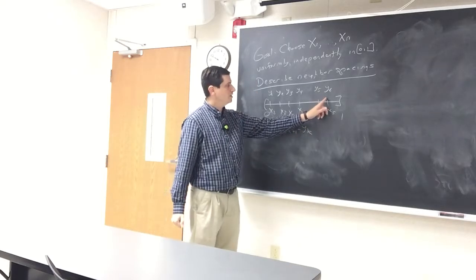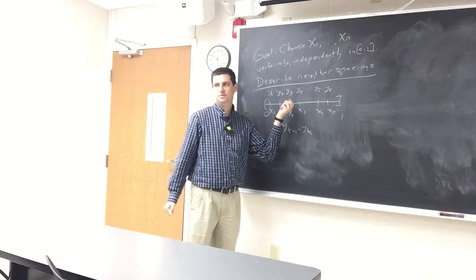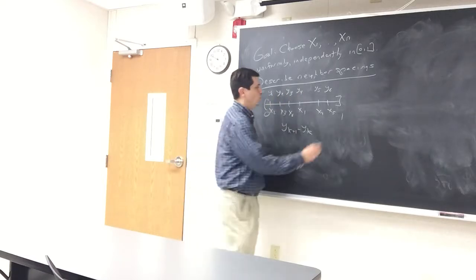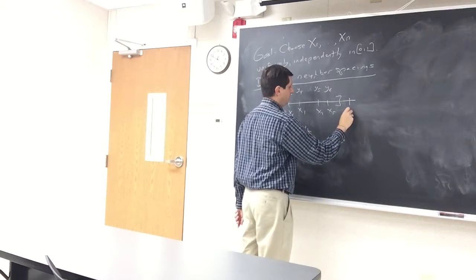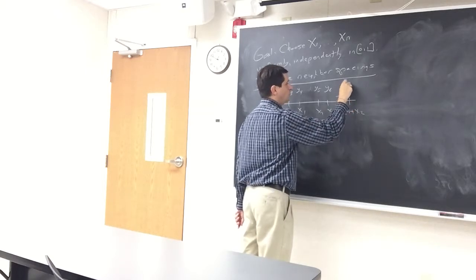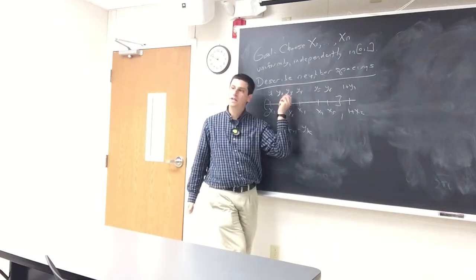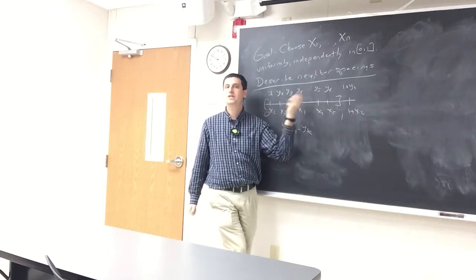And then we have to worry a little bit: I've chosen 6 points, but this only gives me 5 spacings. So sometimes what you do is you add 1 to y1 and move it over here, and this would become 1 plus y1. And then you would have the right number of gaps, and the sum of the gaps would be 1.